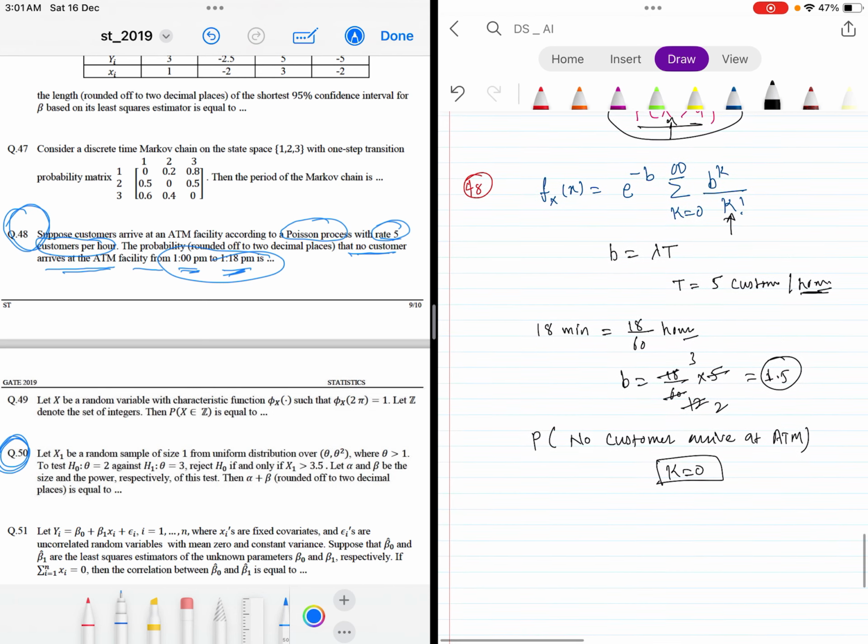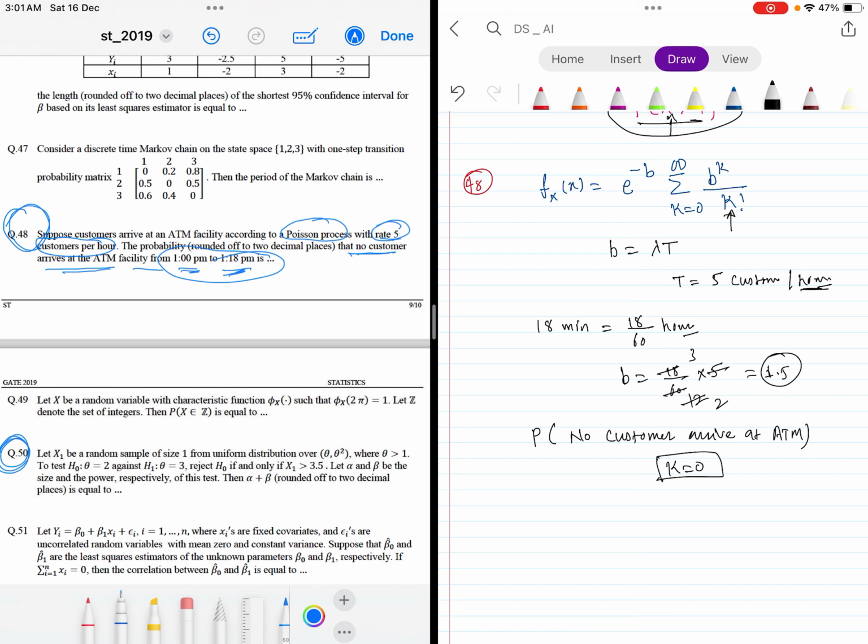Then the probability will be e to the power minus 1.5, with the summation from k equals 0 to 0 of b to the power 0 divided by 0 factorial. So it will be simply e to the power minus 1.5.